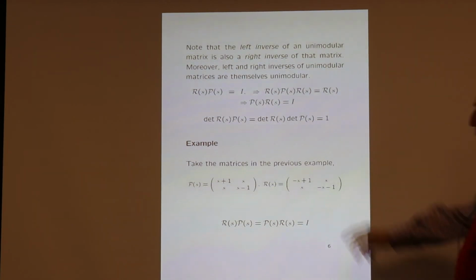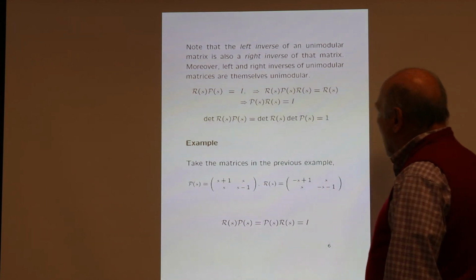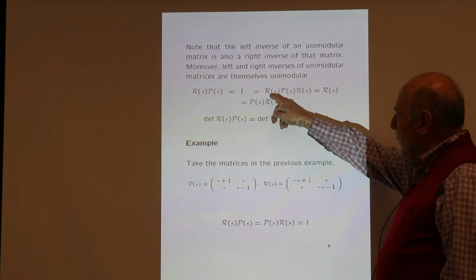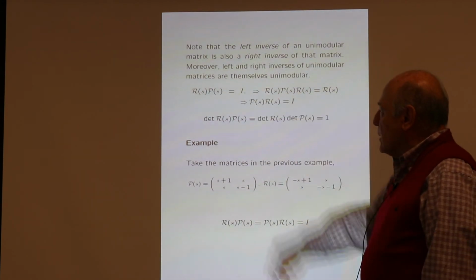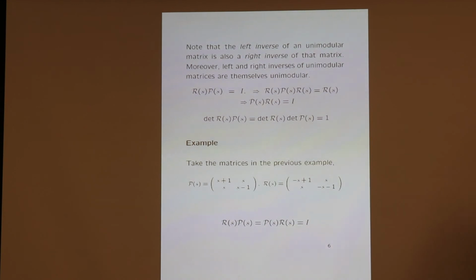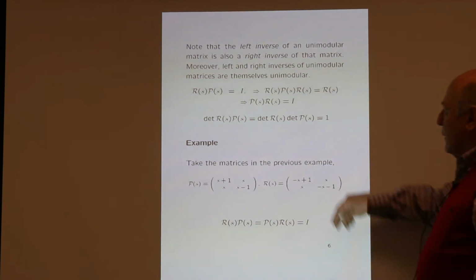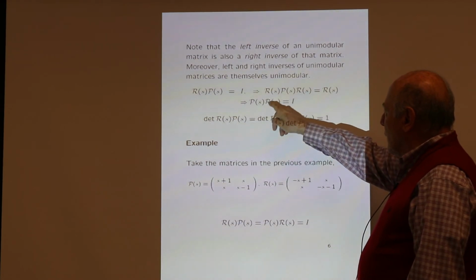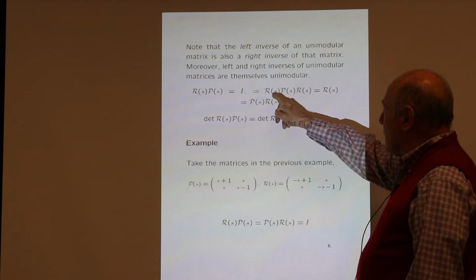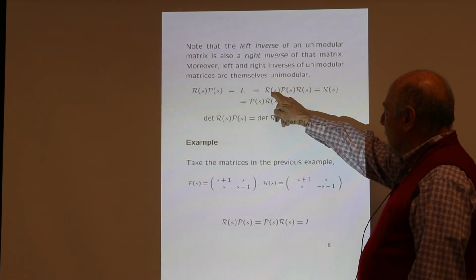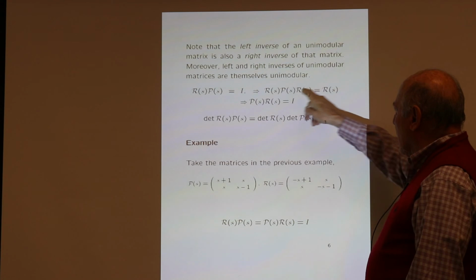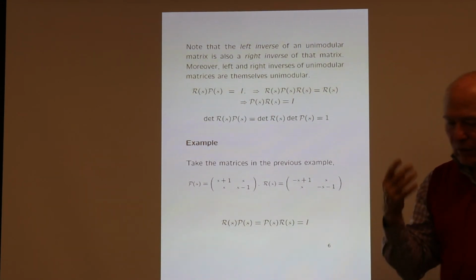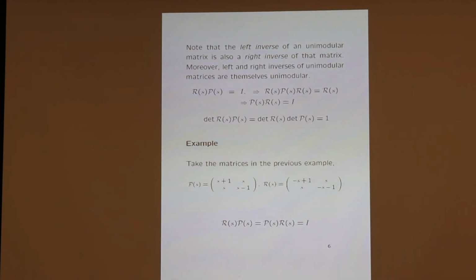If we multiply this identity on the right by, let's say, R again, we will get this triple product RPR equals R. But if R is invertible, by inverting this R over here, you will get that PR is equal to the identity. And R will be invertible because its determinant is a constant. It's a unimodular matrix.